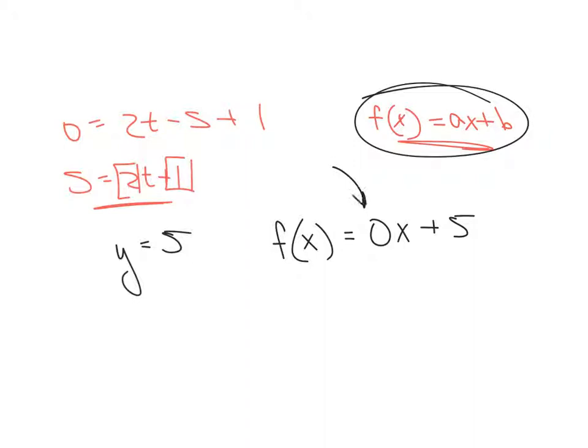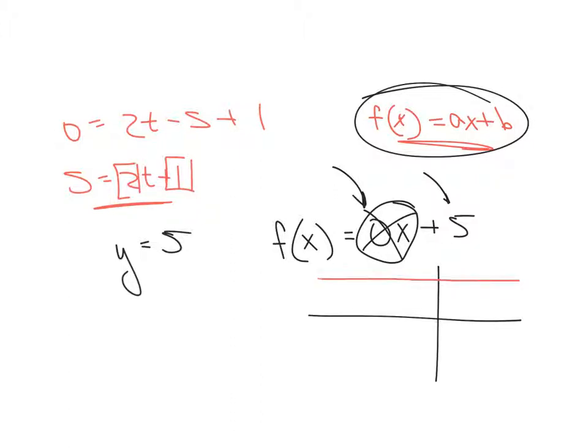Both this number and this number are constants. 0 times x is 0, so it cancels that, so you get f of x equals 5. So therefore it is a linear function, and when we graph it, we get a graph that would look like this. Because it looks like that, if we did the vertical line test and drew lines, yes, it'd only go through one point, so therefore we know it's a function through that method.